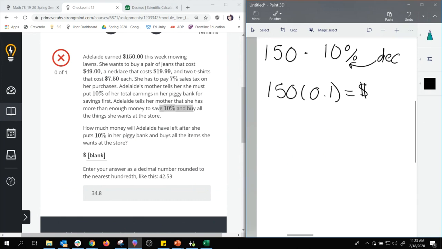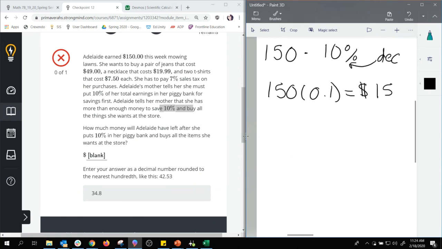So if I multiply these two numbers together, how much money is Adelaide putting in her piggy bank? Take 150 and multiply it by 0.1. $15. Perfect. So $15 is what's going into her piggy bank. So how much money would Adelaide have to spend on her clothes?